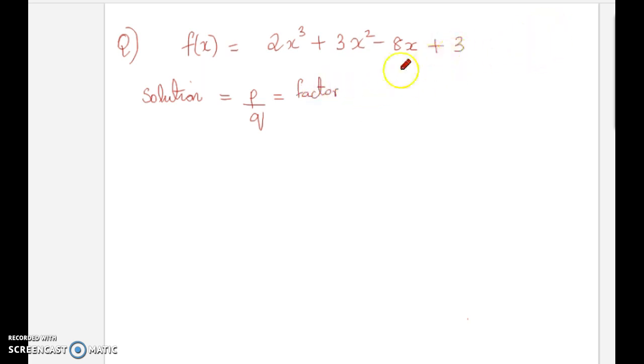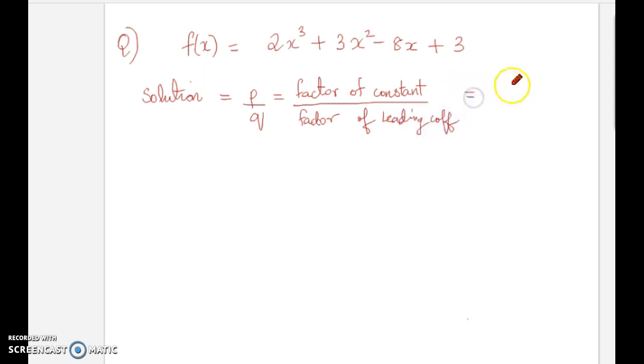What is the constant term here? 3. And q will be a factor of the leading coefficient. That's what the formula says, right?